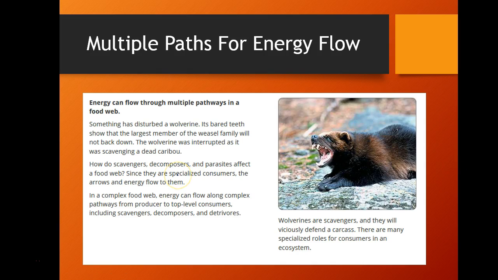But the interactions between all the organisms isn't as clear-cut as it may seem. It doesn't necessarily always go from producers to primary consumers to secondary consumers and then tertiary consumers. Energy can actually flow through multiple pathways. One example of this would be if we included scavengers, decomposers, and parasites.